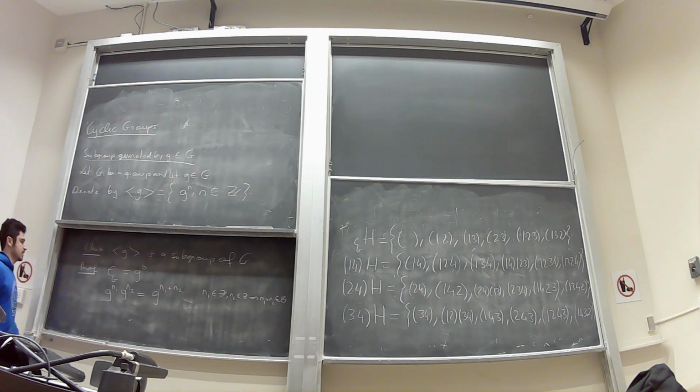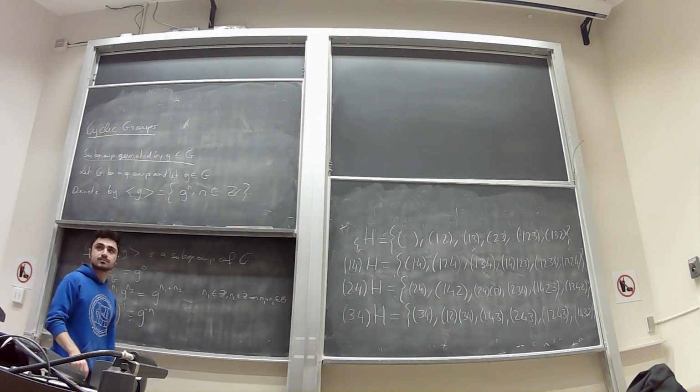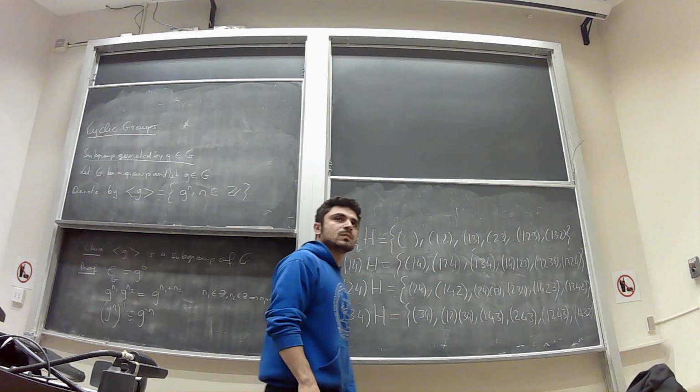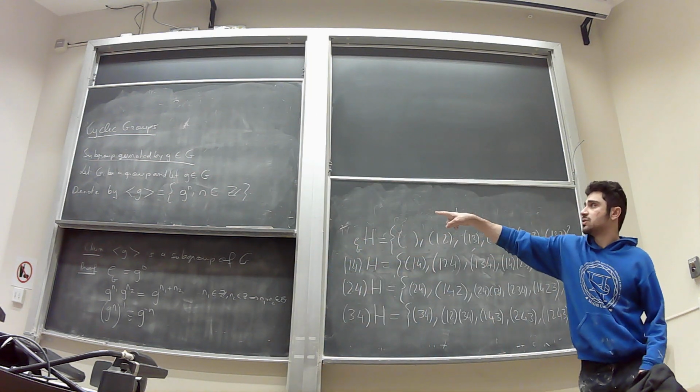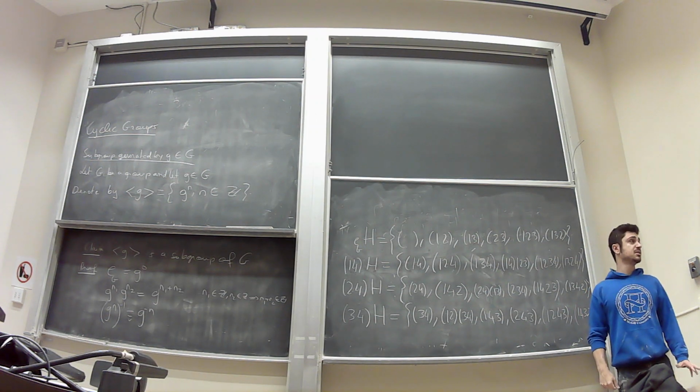Now, the inverse of g to the n is g to the minus n, which is also in there. Are we good here? So angled bracket g is a subgroup of G. Is this clear?